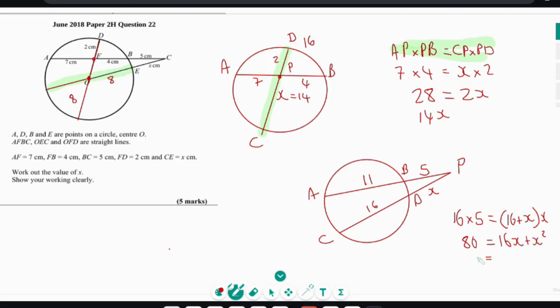Let's rearrange this, bring the 80 over to the other side by subtracting 80 from both sides. So we've got 0 equals x squared plus 16x minus 80. Let's factorise. So we want two numbers that multiply to give us negative 80 and add to give us 16.